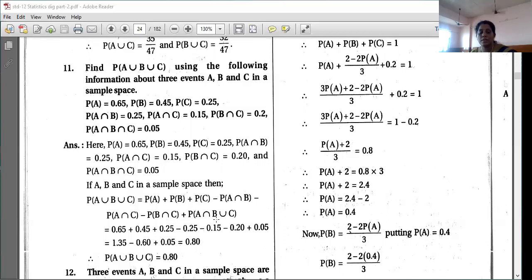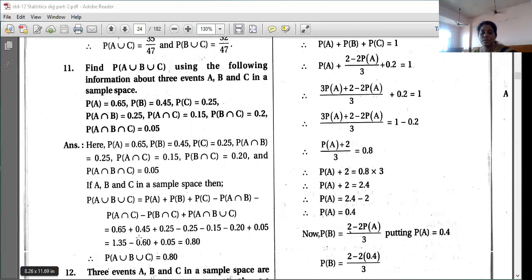Now you have to simply substitute the values given in the question. P of A is 0.65, P of B is 0.45, P of C is 0.25, minus 0.25, minus 0.15, minus 0.20, plus 0.05.